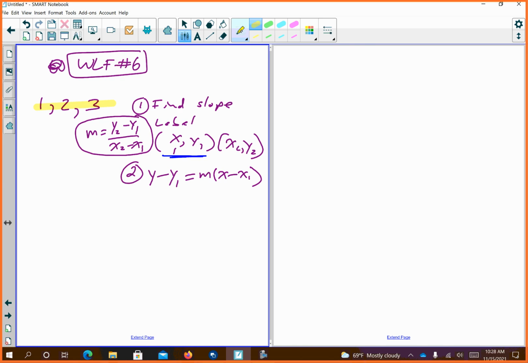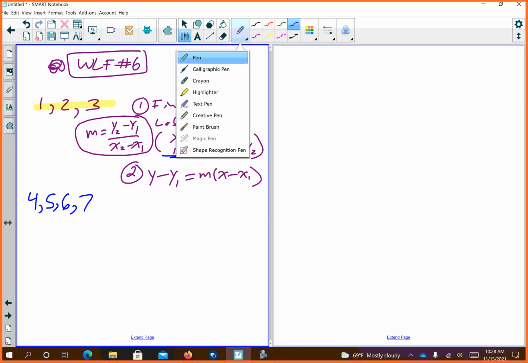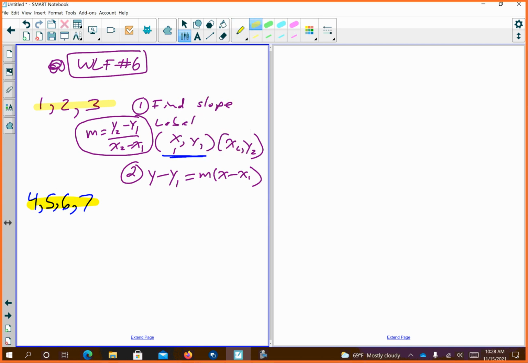All right, and then for problems 4, 5, 6, and 7, it says write the equation, use point slope.